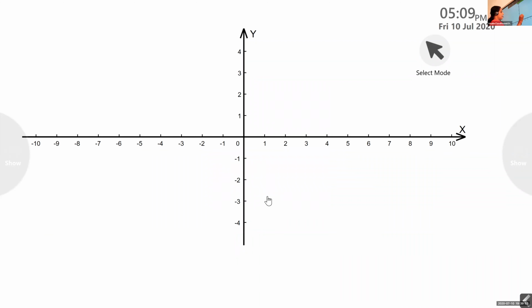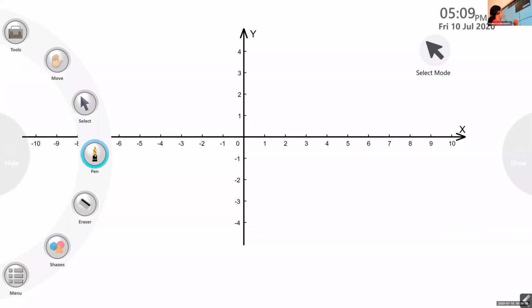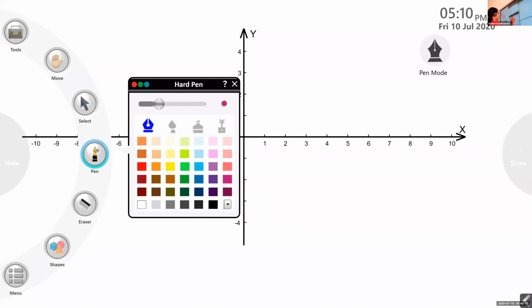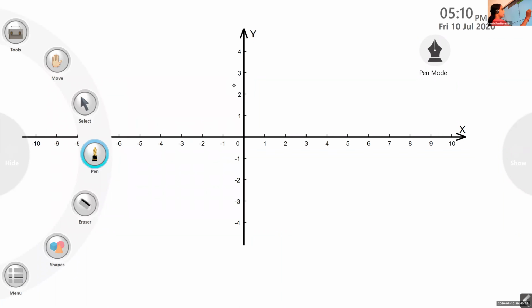Okay, children, see. Suppose I am making one point here. Let me reduce the thickness of the pen.